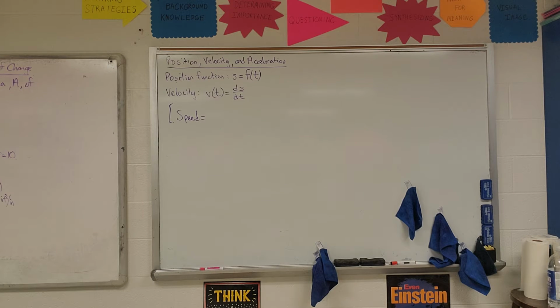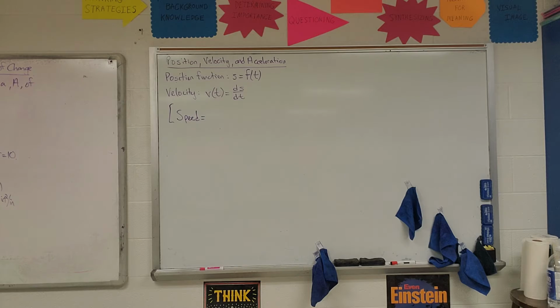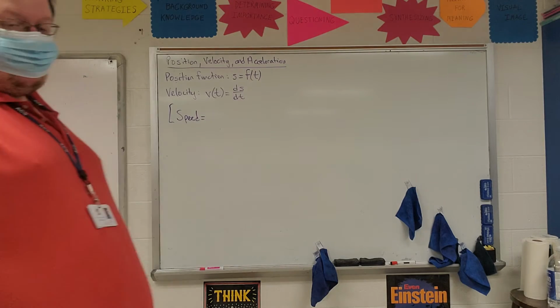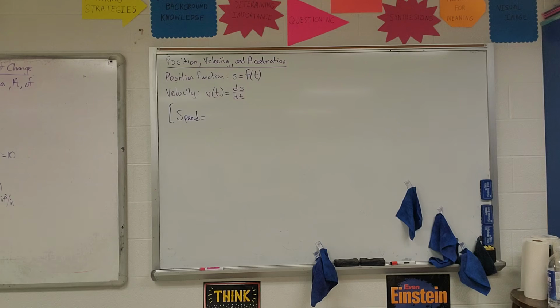Okay, so velocity can be positive or negative depending on the direction that you're moving. And it's all about your point of reference, where you're starting at. Am I moving towards that or away from that? Okay, so velocity can be positive or negative. It's got direction to it, whereas speed does not.